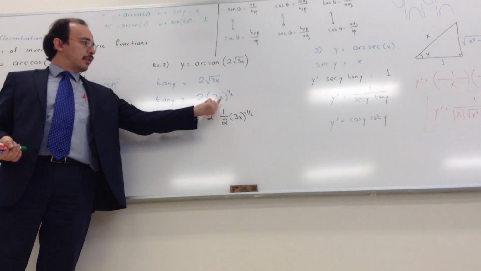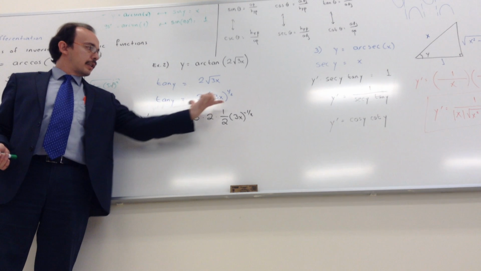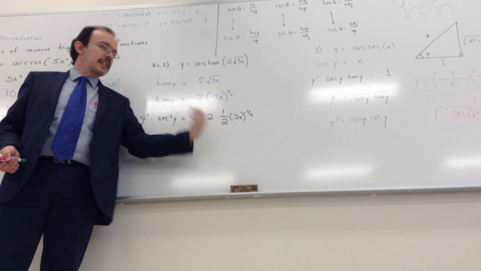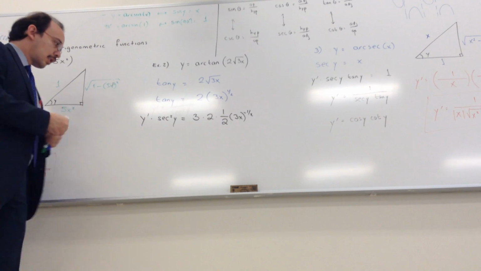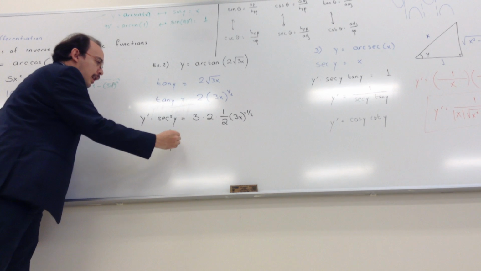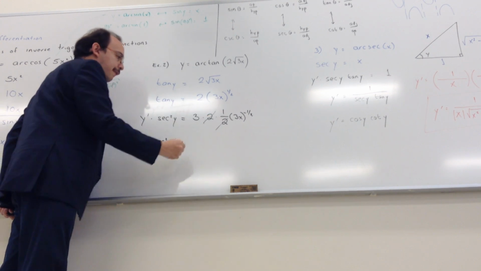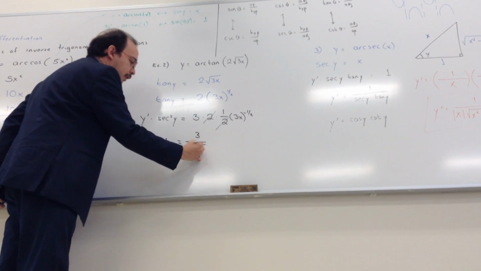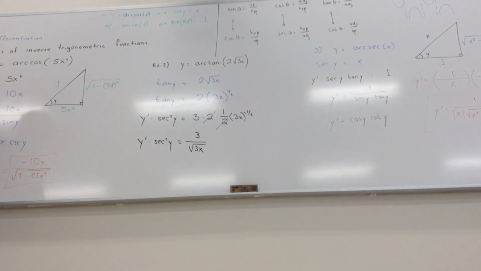Here you have a chain rule. Derivative of 3x is 3. Derivative of the 2, 1/2, 3x to the minus 1/2. Can I simplify? Yeah. Y prime secant square of y equal to, simplify, so this becomes 3 over square root of 3x. Yeah?